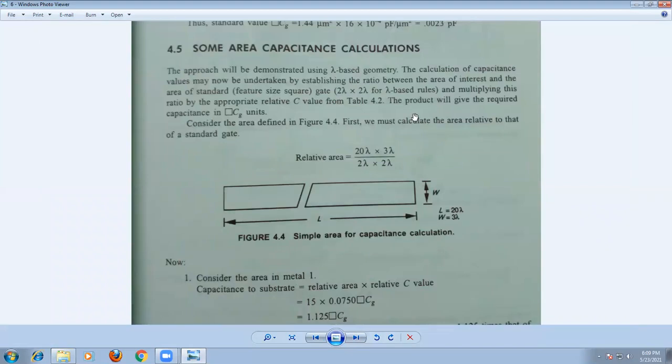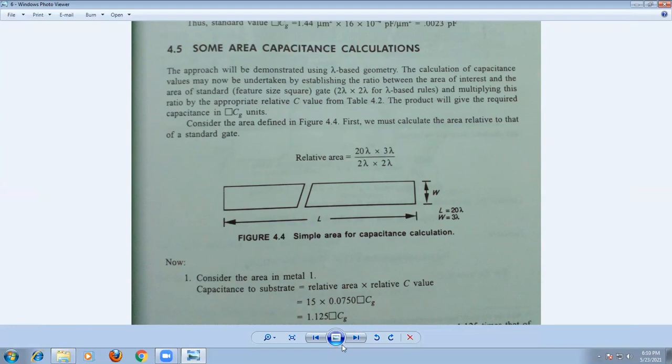The product gives the capacitance in square Cz. Remember, whenever you use this relative value, you get the value directly in terms of square Cz. So the capacitance is the relative area multiplied by the relative value of the C.